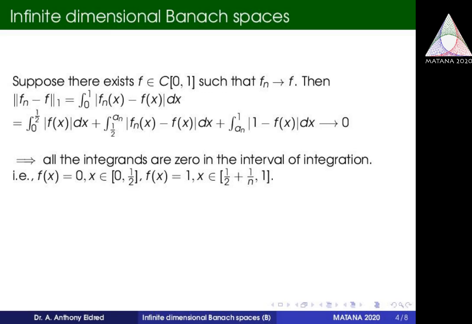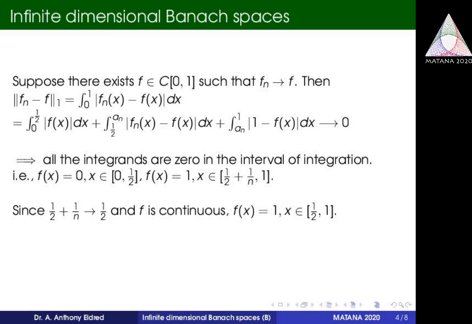But since 1 by 2 plus 1 by n converges to 1 by 2, and f is continuous, f of x equals 1 in the interval half to 1, and this says that f is not a continuous function. Therefore, when we assume that fn converges to a continuous function, we get a contradiction, and therefore fn cannot converge to a continuous function.